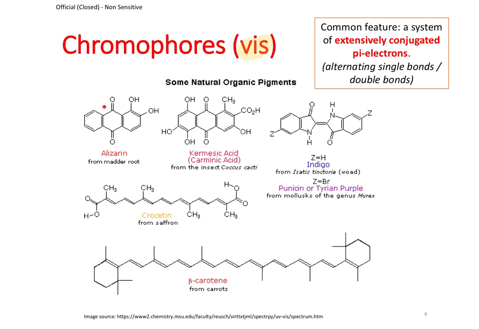Some of them could be aromatic rings, and some of them could be hydrocarbon chains with multiple alkene groups. Let's just take a look at one example, beta-carotene, which gives carrots their orange color. You can see that there are alternating double bond, single bond, double bond, single bond, double bond, single bond, and so on.